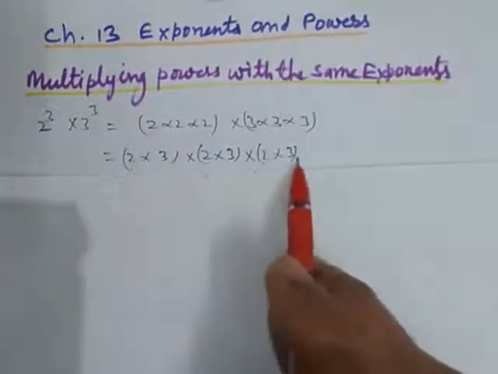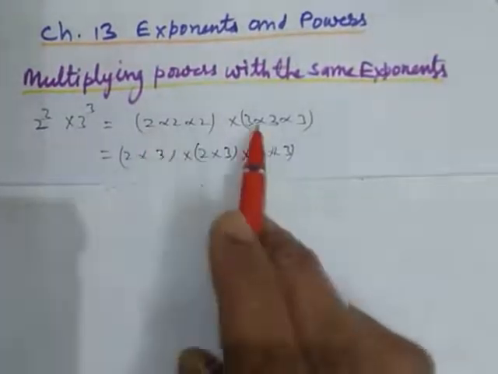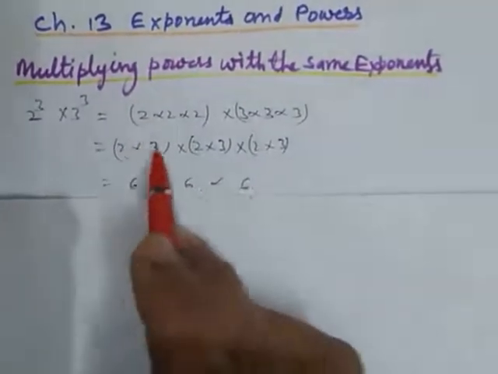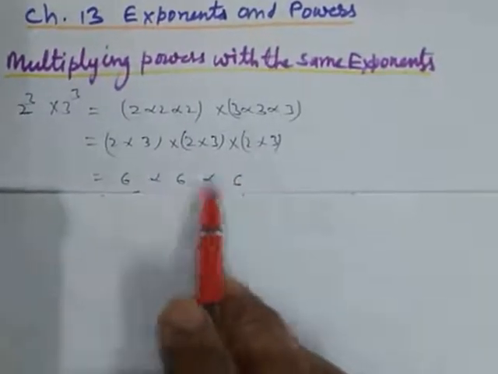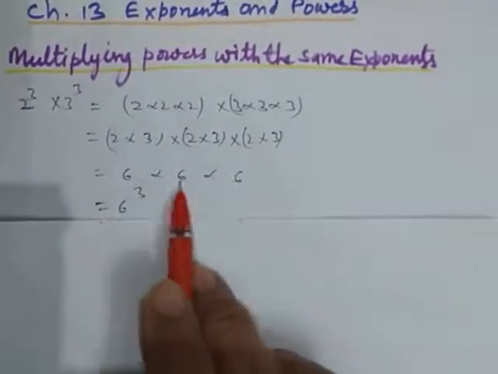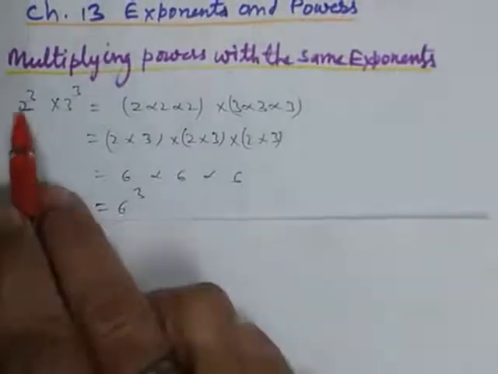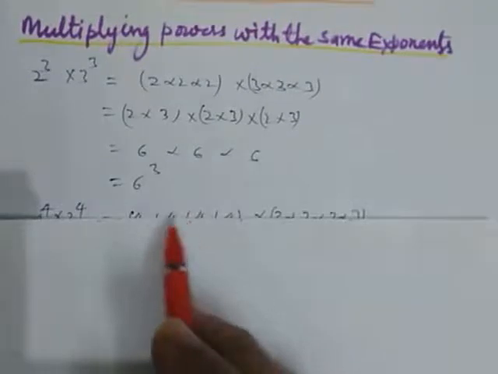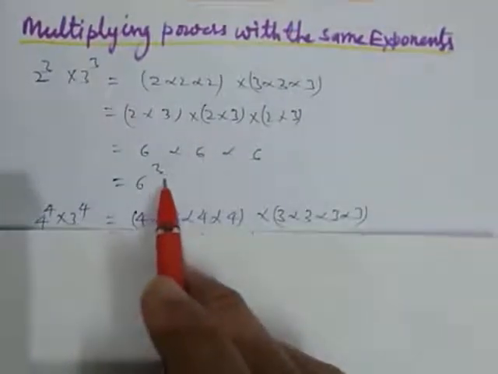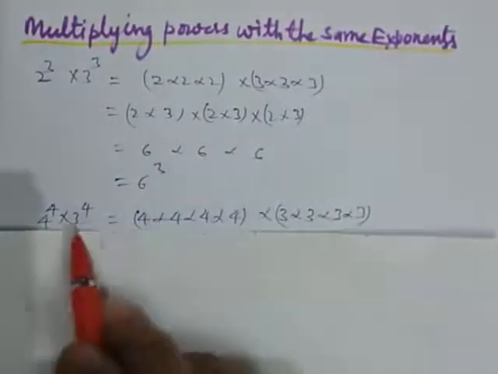So we get 3 pairs, one from each. So 2 into 3 is 6, 2 into 3 is 6, 2 into 3 is 6. So we get 6, 3 times. So this becomes 6 cube. So remember this, how we perform. Then we generalize this.